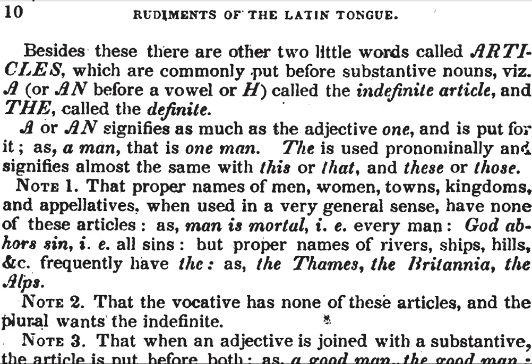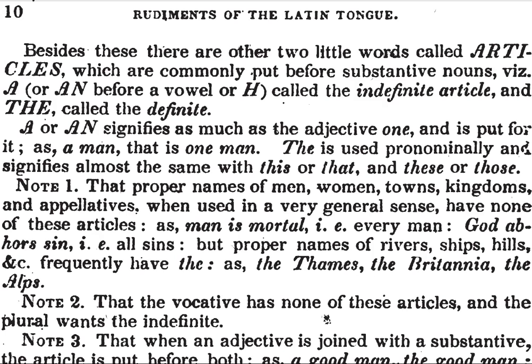A or an signifies as much as the adjective one, and is put for it as in a man, that is, one man. The is used pronominally and signifies almost the same thing with this or that, and these or those.